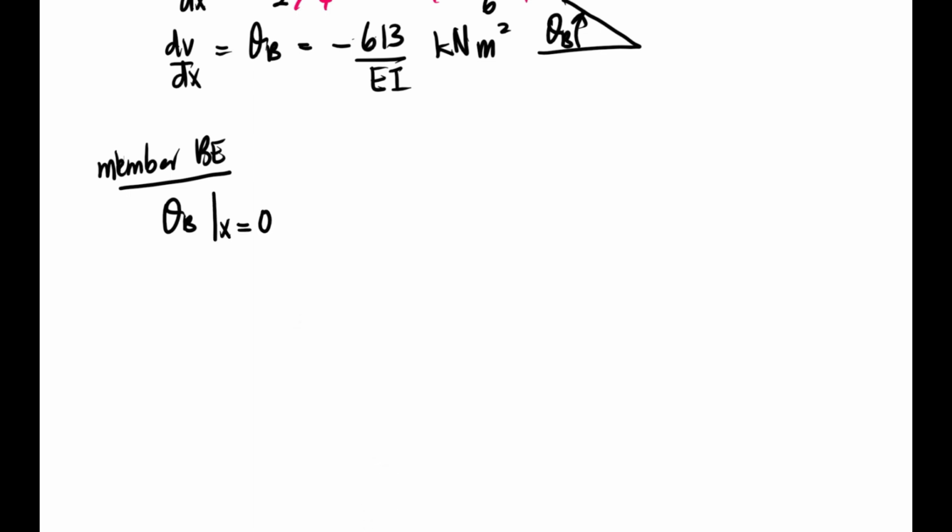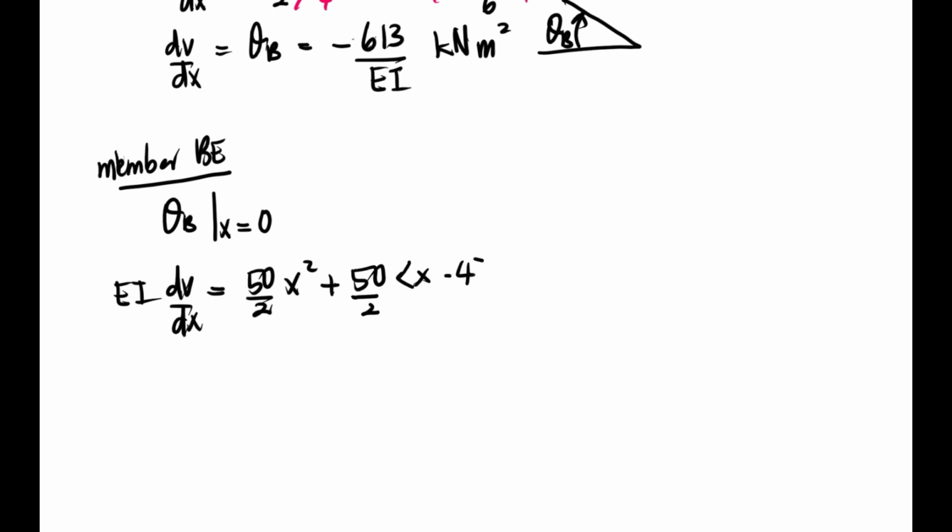So substitute into the equation: 50 divided by 2 x to the power of 2 plus 50 divided by 2 (x minus 4) to the power of 2 minus 100 divided by 2 (x minus 2) to the power of 2 plus 327.